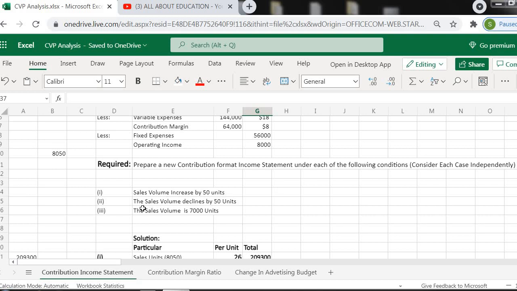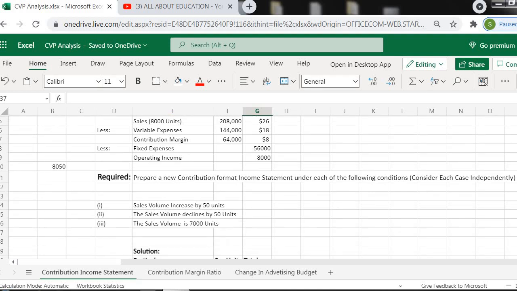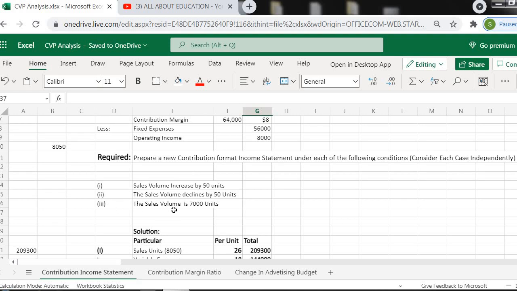Requirement number 3 is the sales volume is 7,000 units, right? According to the original data, there are 8,000 units, but we will consider case number 3. The units are 7,000, right?